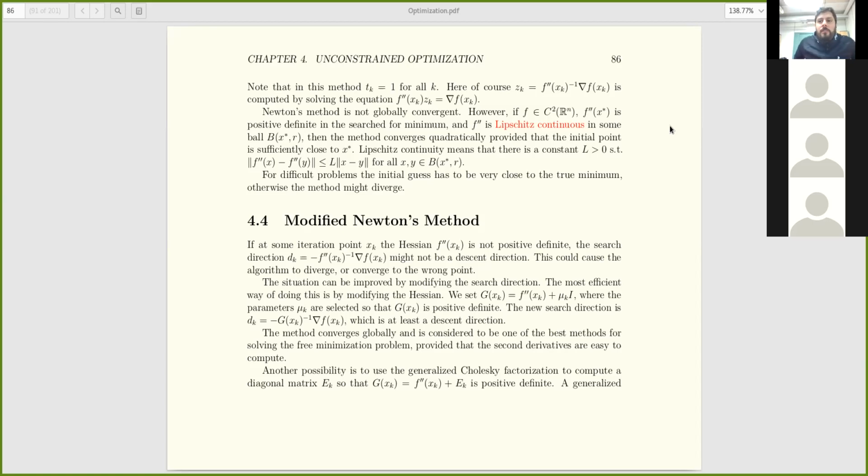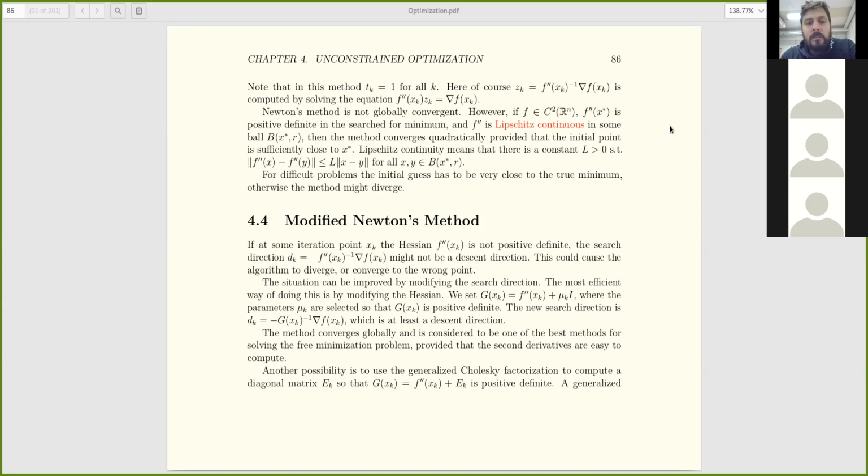Adding this constant on the diagonal will in fact result in the matrix G having the eigenvalues of the Hessian, but increased by mu k. So we'll talk about choosing these mu k in a way.